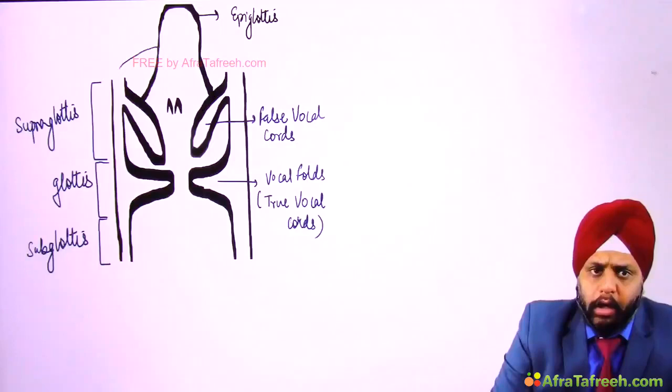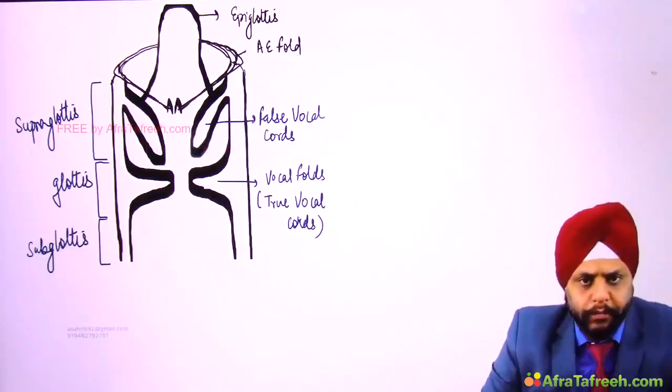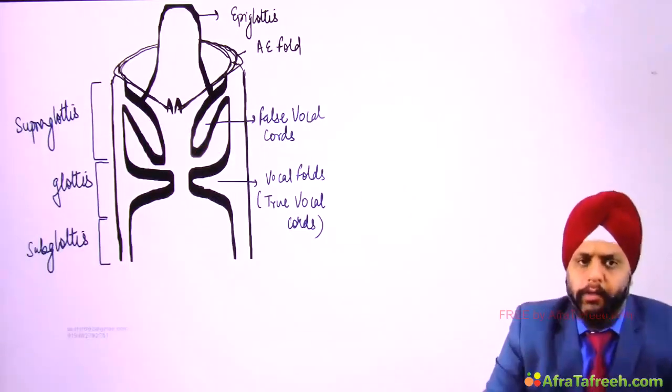Connecting the epiglottis to the arytenoid cartilages, we have a mucosal fold. This mucosal fold is known as the aryepiglottic fold, or AE fold, right? And together they form the laryngeal inlet.